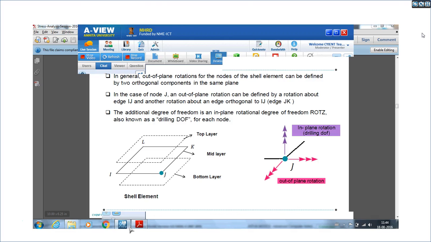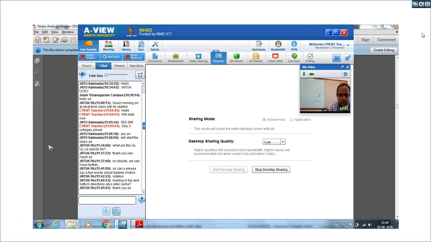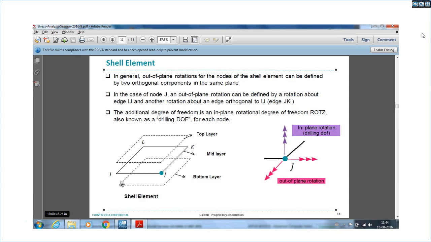Hope I cleared your doubt. Loading in top and bottom directions also refers to this. I hope I cleared your doubt on in-plane rotation and out-of-plane rotation.